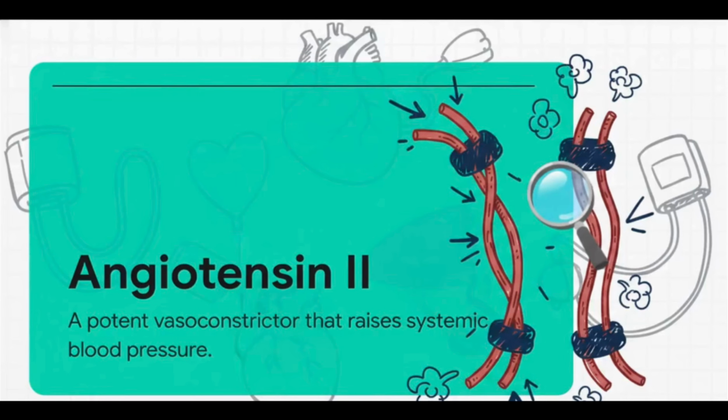Now, to better understand how ACE inhibitors work, we need to look at the main character of our story, angiotensin II. Angiotensin II is a potent vasoconstrictor that raises systemic blood pressure. In simple terms, it's a substance produced by your body that squeezes the blood vessels, causing blood pressure to rise.